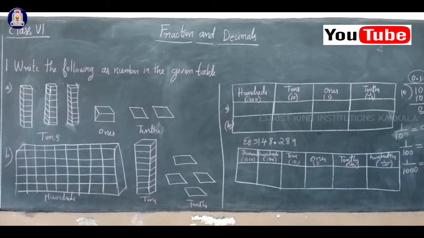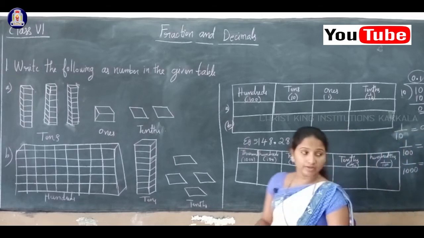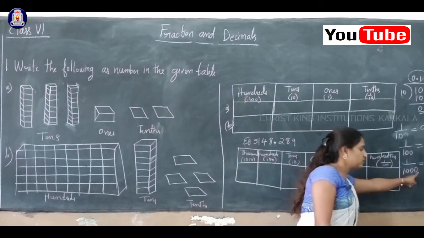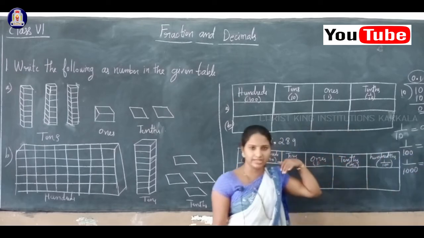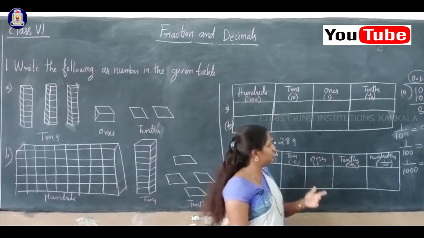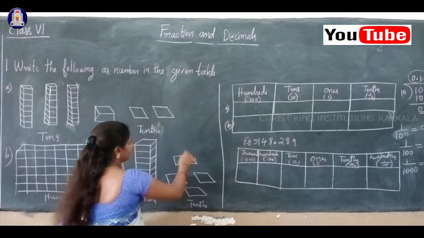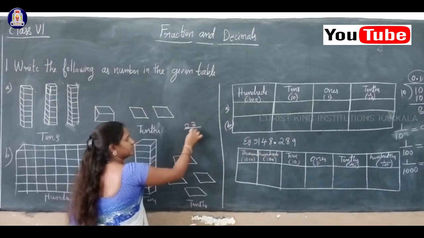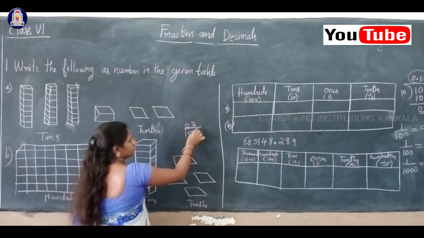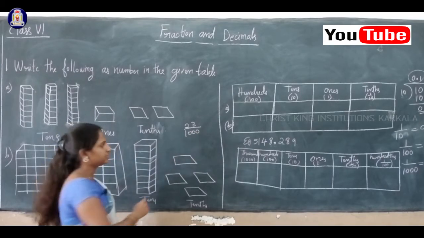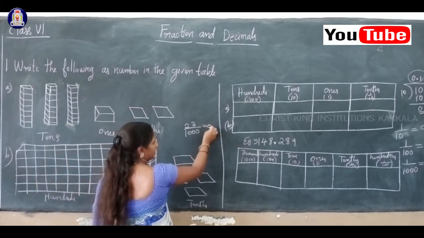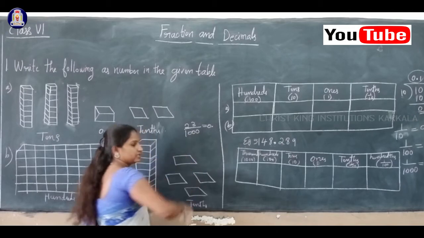Okay. 1 by 1000 means it has 3 zeros. So after the decimal point we will get 3 digits. It may be any number. For example, if I consider 23 by 1000, this can be written as 0. How many zeros are there in the denominator?